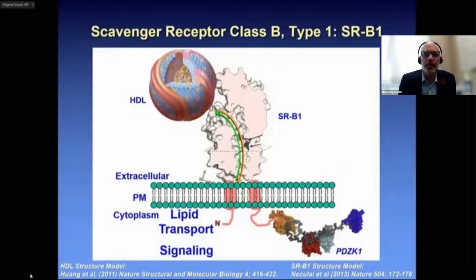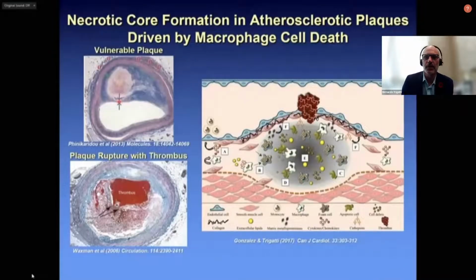This is an adapter protein that contains 4 protein-protein interaction domains called PDZ domains, the first of which binds to the carboxy terminal tail of SRB1. In liver hepatocytes, PDZK1 is required to stabilize SRB1 against degradation. In other cell types, PDZK1 is expressed, but it doesn't stabilize SRB1 against degradation. Instead, it seems to be playing a role in this signaling pathway. And that's what I'm going to talk to you about.